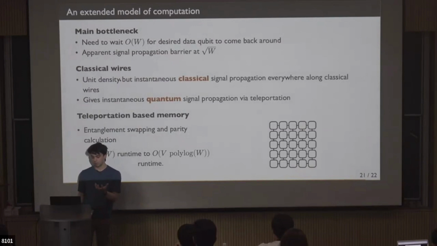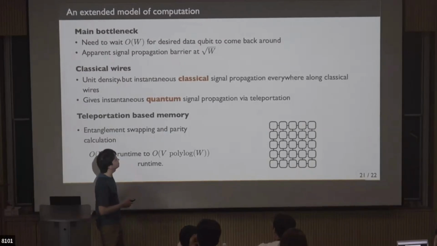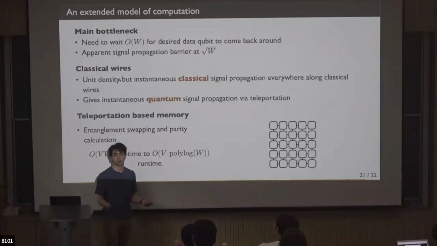The way to do it is I can then construct a memory that's teleportation based. You can think of what I just showed you as sitting off to the corner here, where the memory tape is picked to be smallish. Then I have all these little cells, and the idea is that they're constantly doing entanglement swapping.